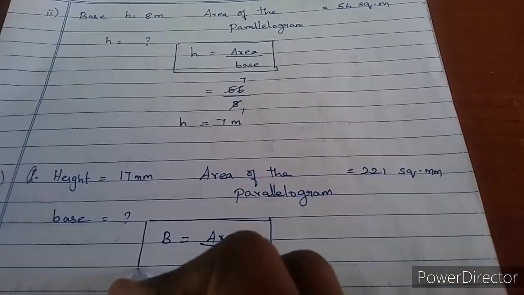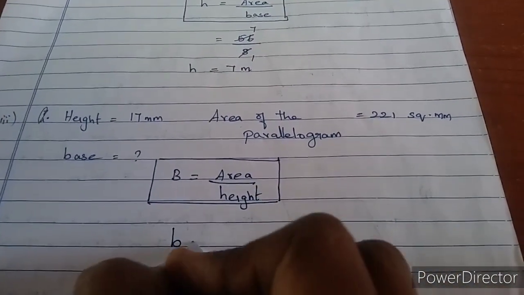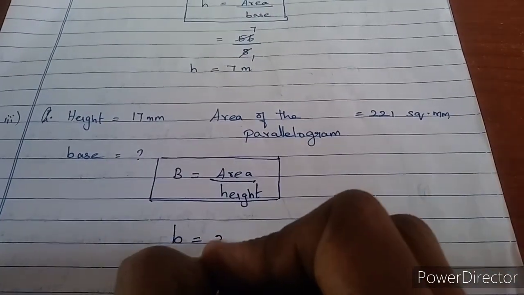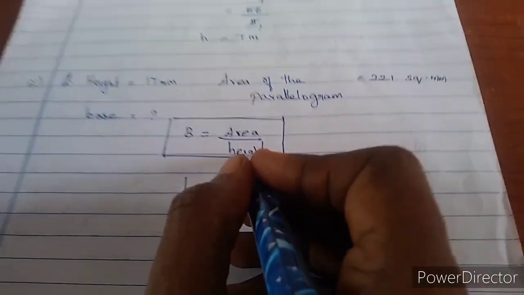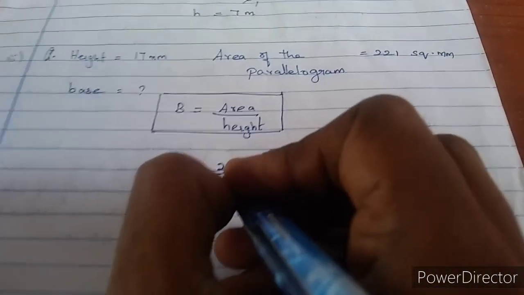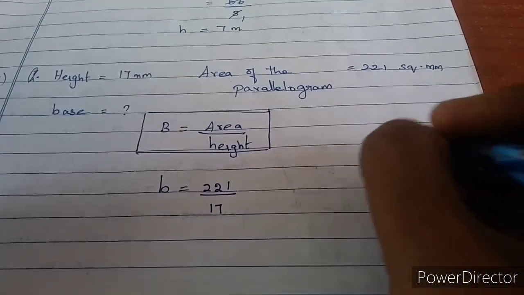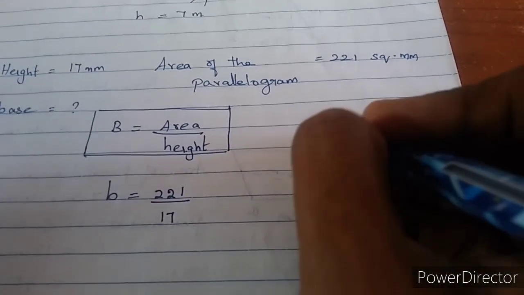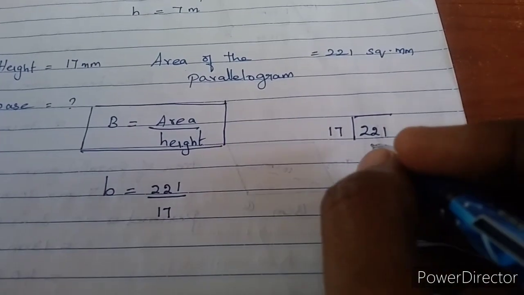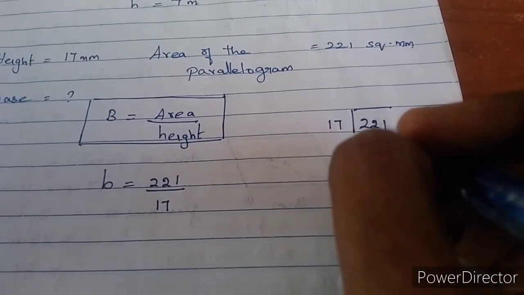So, base equal to, the given area is 221 square millimeter divided by the height is 17 millimeter. By using the usual division method, we can do the given sum.